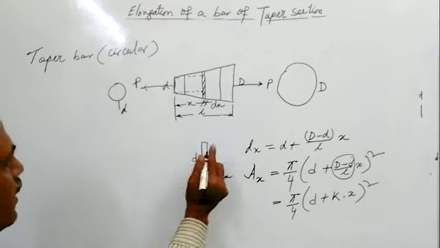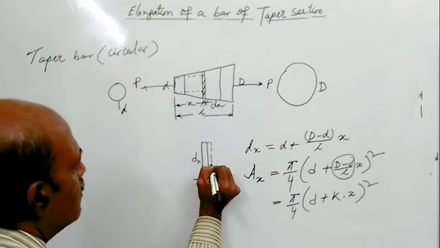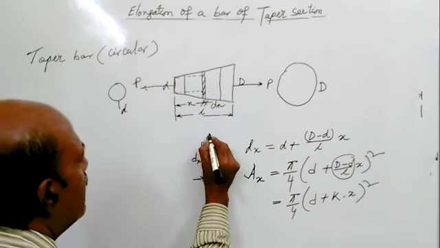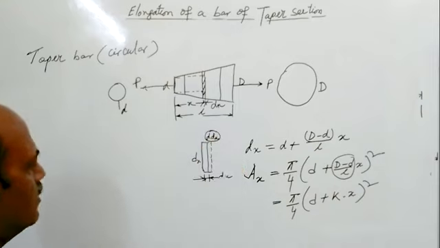Say this element will deform by some amount. We denote by d delta x the deformation produced in the element.